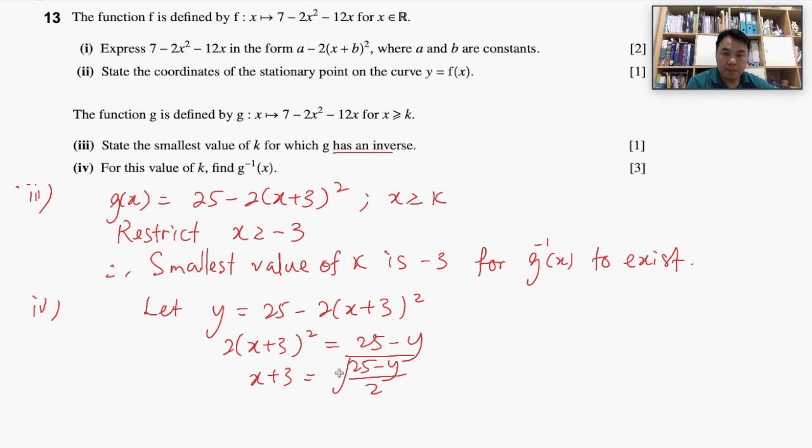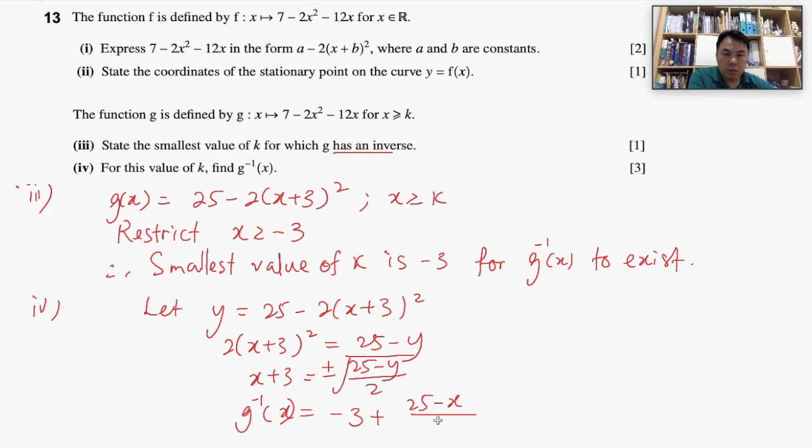Square root that. As usual, there's a plus or minus. Now in this case, I'll just finalize the answer here. We are interested to get the inverse function of this, which is k equal to negative 3. And then since x is greater than negative 3, I will choose the positive here as usual.